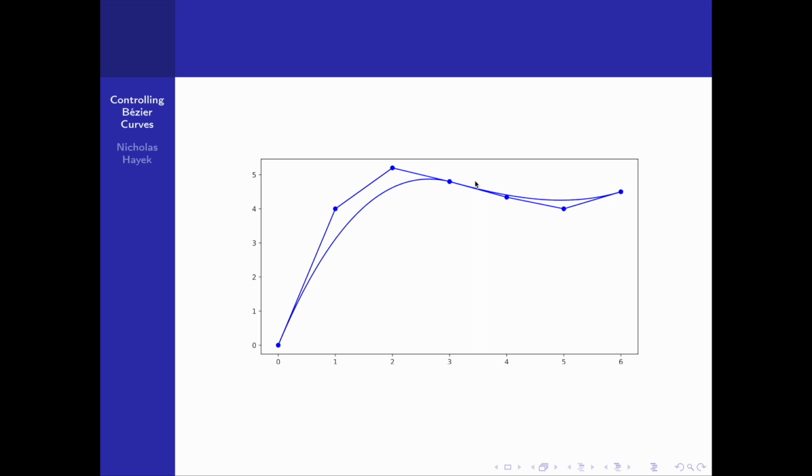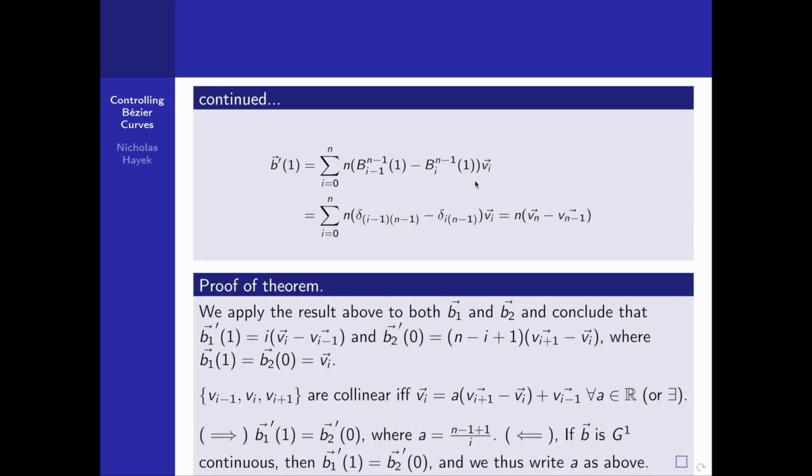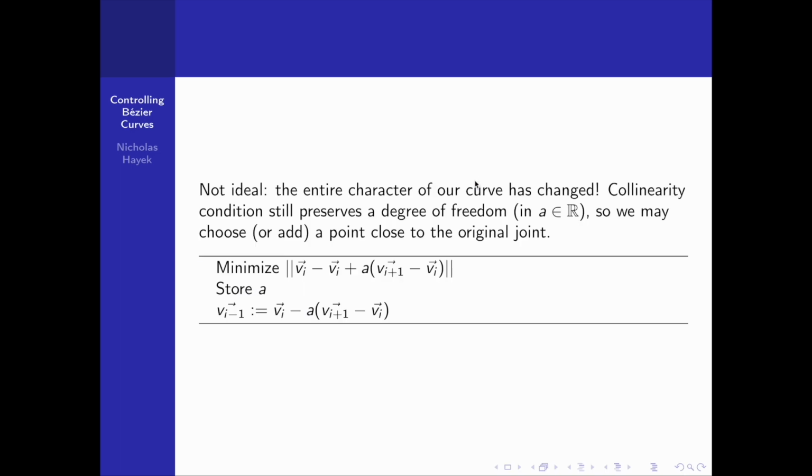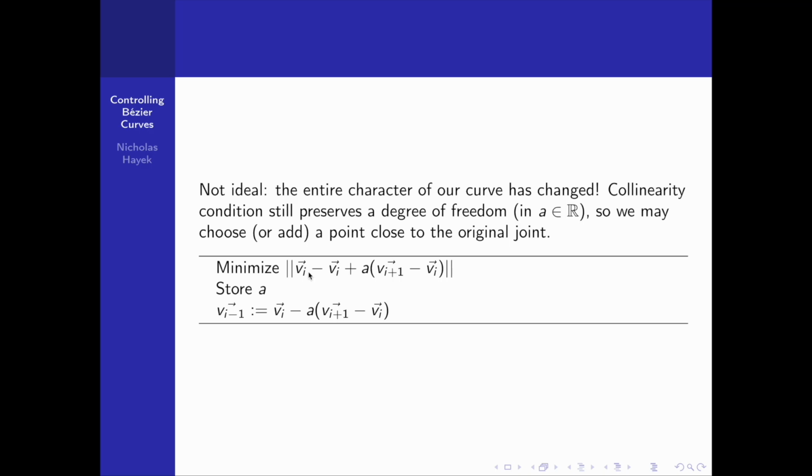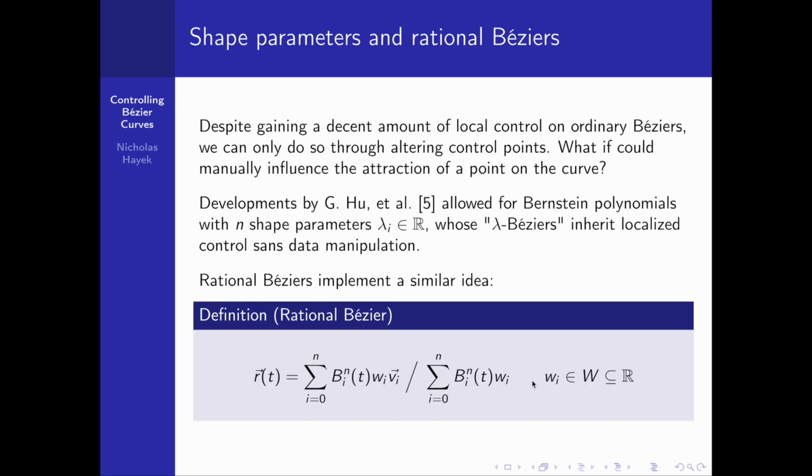And so now we have a nice locally controlled spline that does not have cusps, and from which you still have a little bit of control. And this is essentially what I was saying, is that now you can minimize to your preference the degree of freedom that you have.